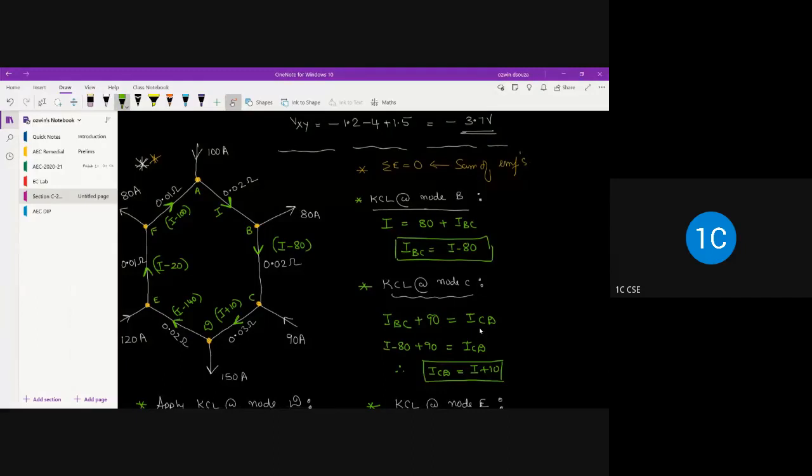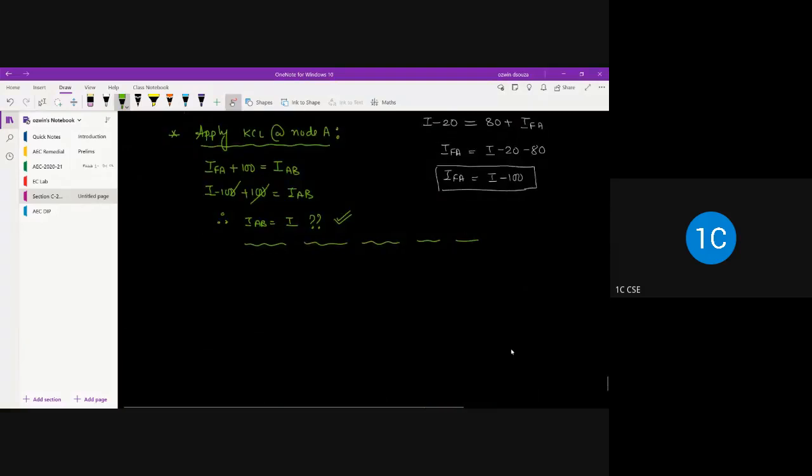But we haven't found the magnitudes of these branch currents. We have just written the equations. Now what we do in the second step is apply KVL in the closed loop.